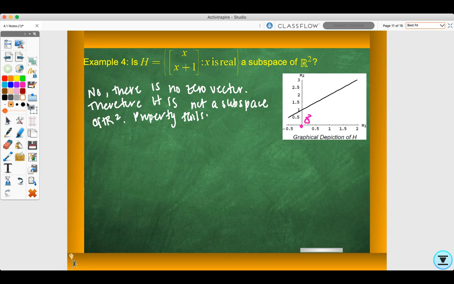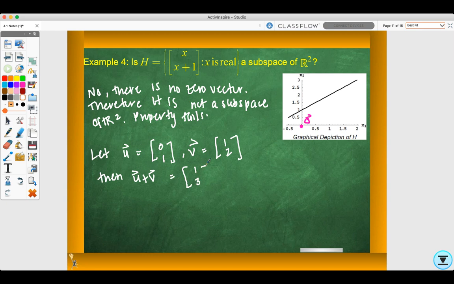Also, you can show that if we let u equal (0, 1) and v equal (1, 2), then u plus v would equal (1, 3). And u plus v is not in H, so property B fails.